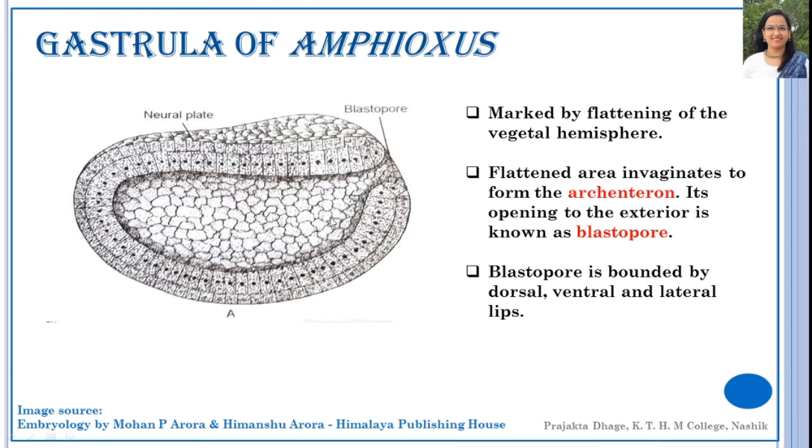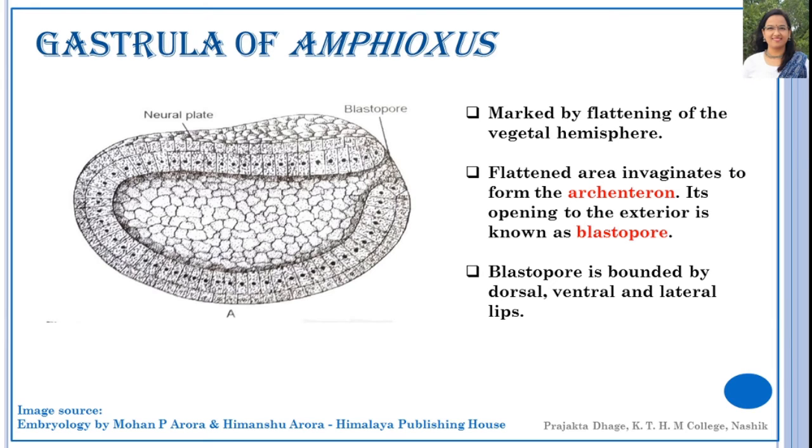So this particular structure that you see over here is referred to as the blastopore, and this is the gastrocoel or archenteron. Now the blastopore is bounded by dorsal, ventral and lateral lips. These structures that you see over here are nothing but the lips of the blastopore.